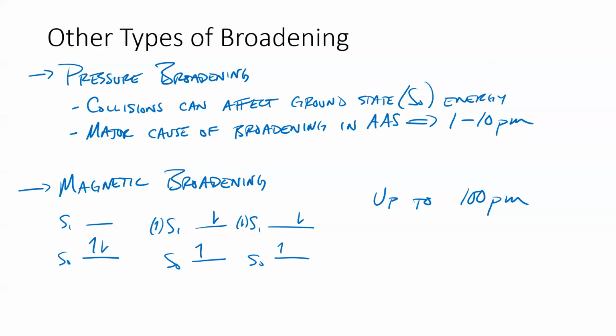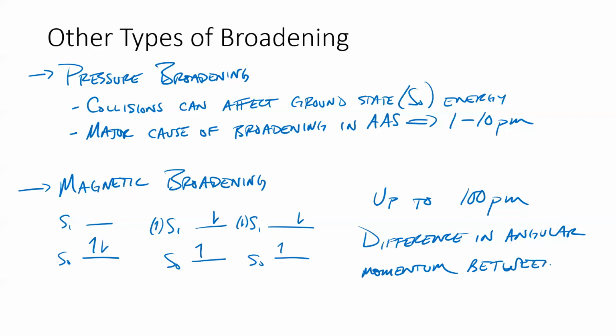And so this magnetic broadening, again, is just due to the difference in angular momentum between the excited electron and the orbital.